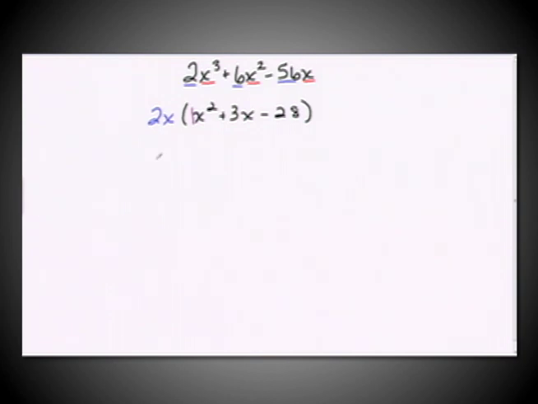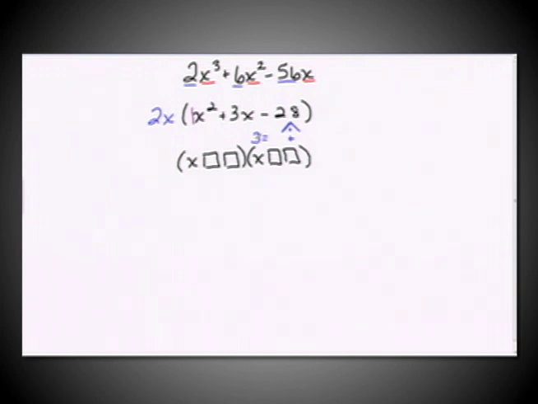We set up our parentheses, giving space for our sign and our last term. And we ask ourselves the question with our factoring tip, what are the factors of negative 28 that add to make 3, which is B in this case?